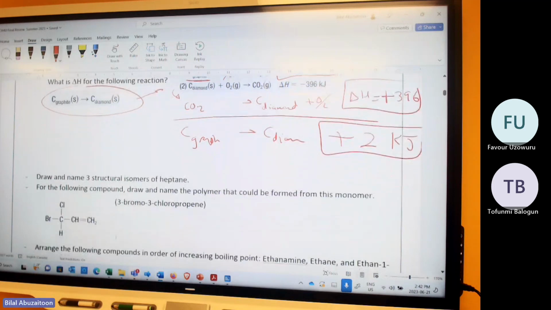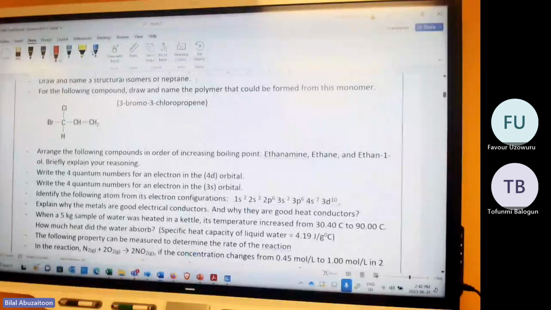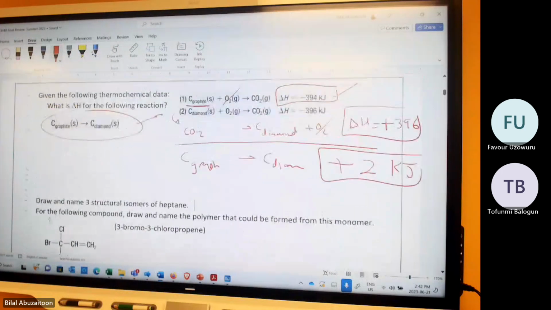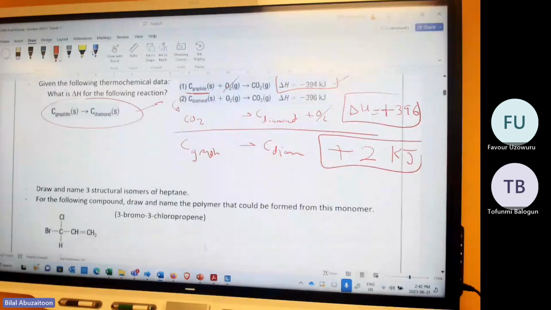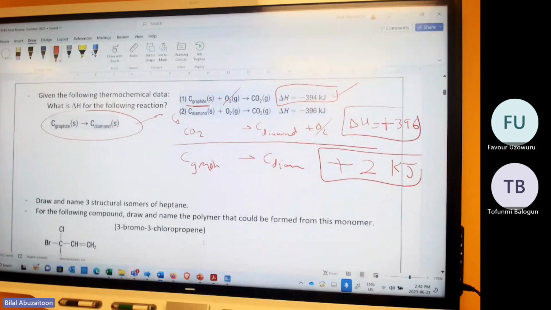For the following compound, draw and name the polymer that could be formed from this monomer. This is the monomer, 3-bromo-3-chloropropene.